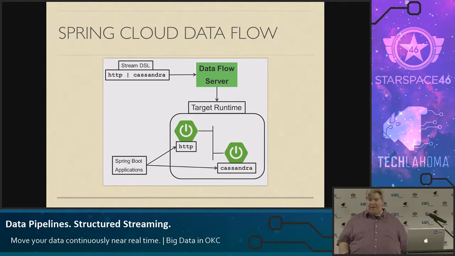A Spring Boot application is basically a microservice. So for those of you building microservices with Spring Boot and Java, this is a good way of building a data platform and a data pipeline, because it's using technology you already use. You're comfortable with it, and you can build it quickly.